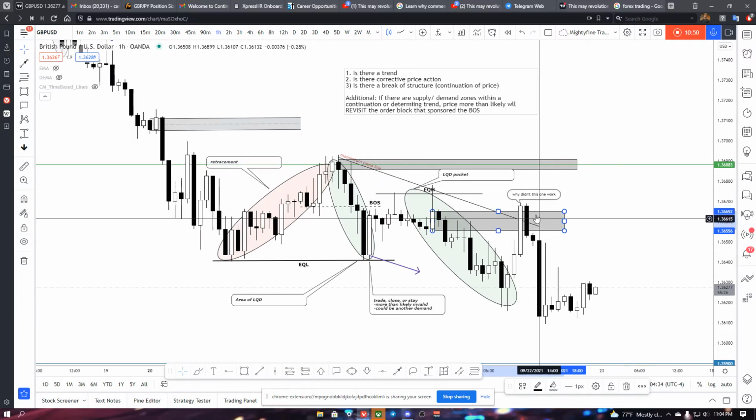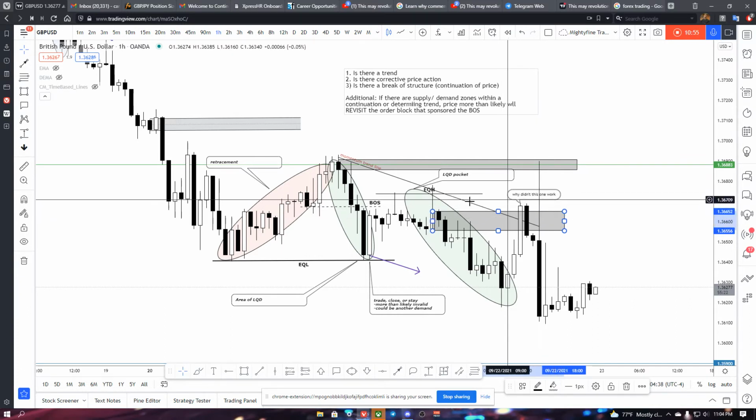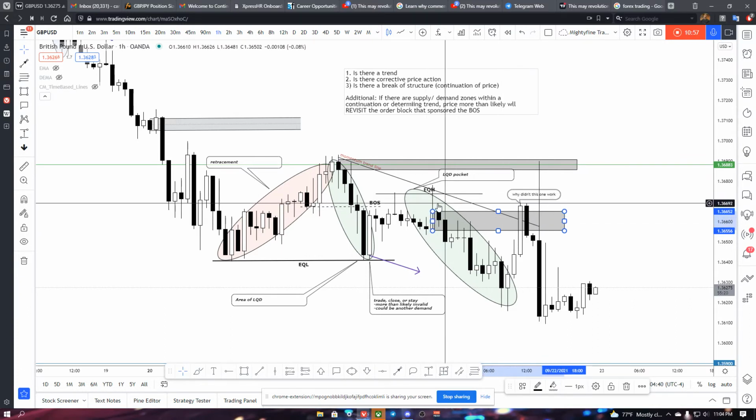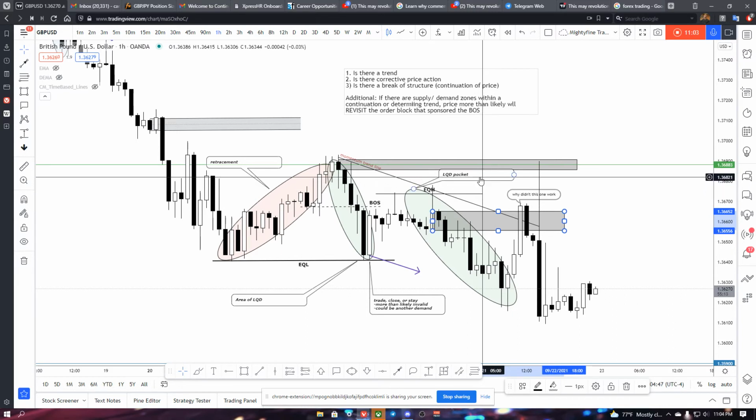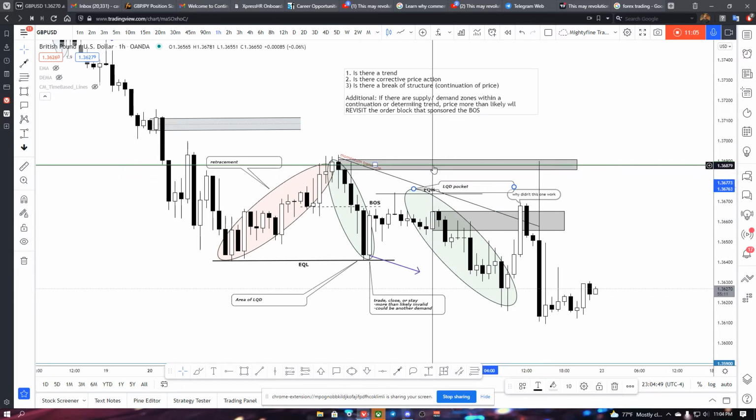But what I see is it wicked up. These wicks are very important. When you see wicks, that's letting you know there's a lot of liquidity in this area, a lot of people, a lot of orders. So this is the real order block, the real order region.